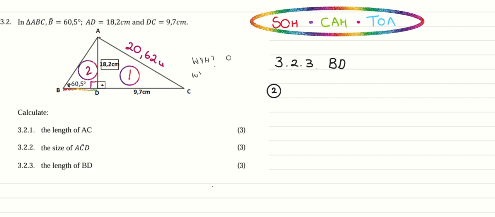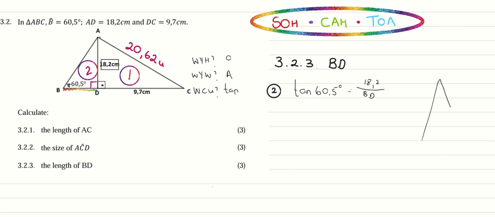What do we want? Well, we would like to find the adjacent, which is BD, right? So now what can we use that has opposite and adjacent? Well, seems like tangent is the one again, so we need to make use of tangent. So we start off by saying that tan of 60.5 degrees is the opposite side, 18.2 over the adjacent side, which is BD, right?